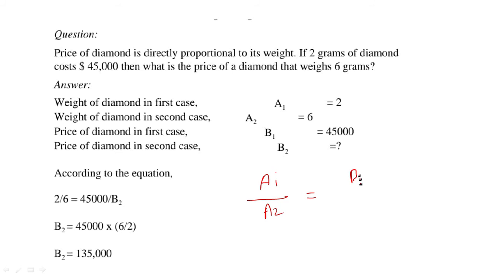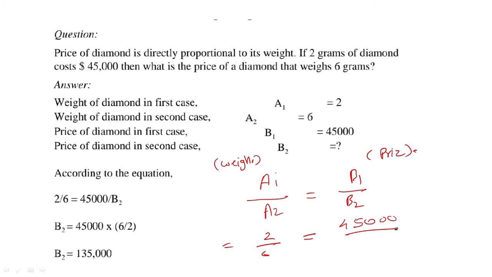Let's say a is our weight and b is price. Just put in the values: a1 upon a2 is 2 by 6, equal to b1, which is given as 45,000, divided by x. So x will be 135,000. Just make the ratios of the two quantities and solve the questions.